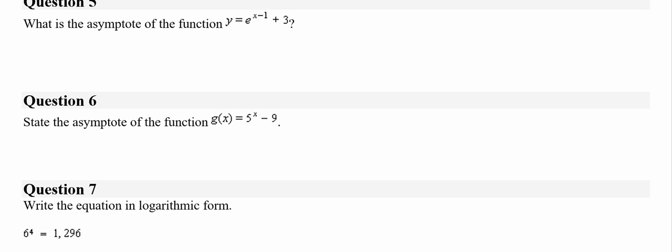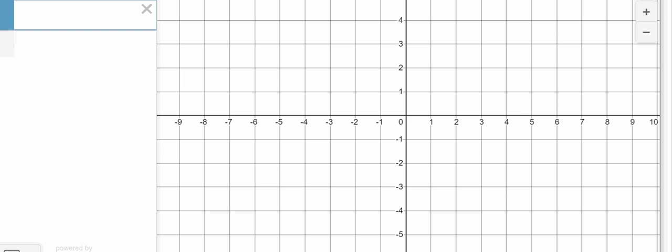Okay, so I'm going to show you both ways of looking at this. We're going to look at the graph and then also the cheat sheet I have that will help you with this. So over here in Desmos, let me show you how to type it in because there's some different things you have to do when there's more than just a number or variable up in the power.